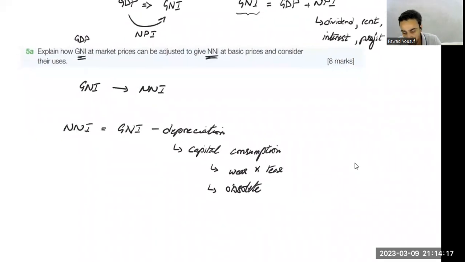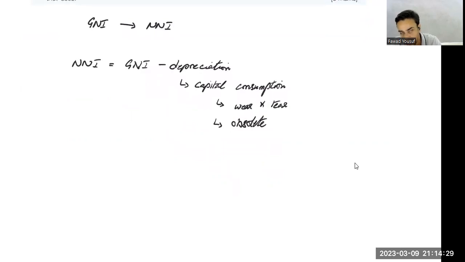But one thing that we will also want to talk about here is market price versus बेसिक प्राइसेस, तो ये क्या होता है? इसका भी फॉर्मूला है। फॉर्मूला क्या है? Now that you've calculated NNI, okay, so let me rewrite.